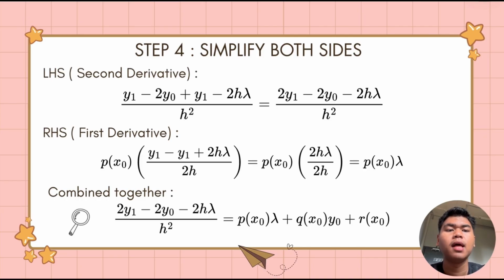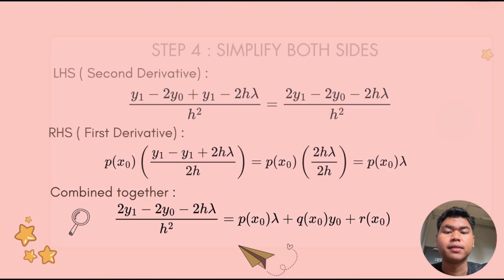Here, the positive y1 and the negative y1 cancel each other out entirely. This leaves us with just 2h lambda over 2h, which simplifies perfectly down to just lambda. When we reassemble this individual piece back into our full equation alongside our q(x0) y0 and r(x0) terms, we are left with a vastly simplified equation.